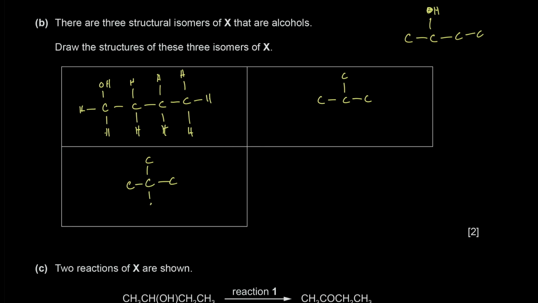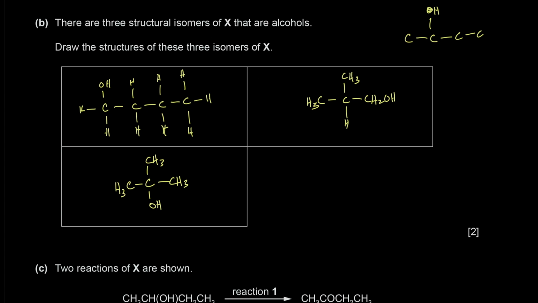So one possibility is the OH group here on the middle carbon. The other possibility is the OH on the end carbon like this. Since they haven't specified, you can show it as a displayed formula or a skeletal formula, however you want to represent it. Structural, skeletal, displayed, they're all acceptable, since they haven't explicitly asked for one specific type of structure.